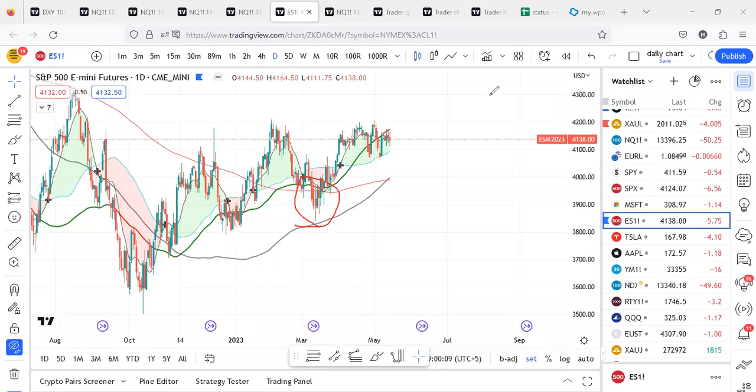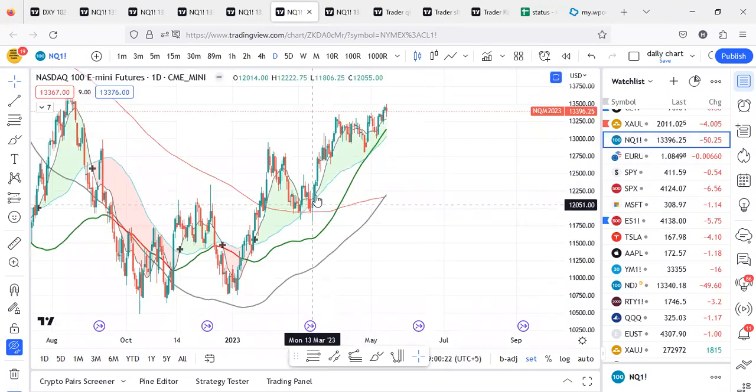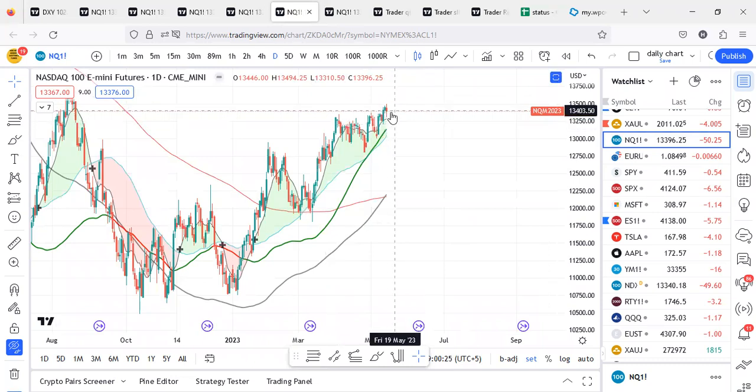So I think hardly a few people would have bought over here. It took guts to buy S&P 500 over here, but technology stocks were bottoming over here. I hope you understand what I'm trying to say.